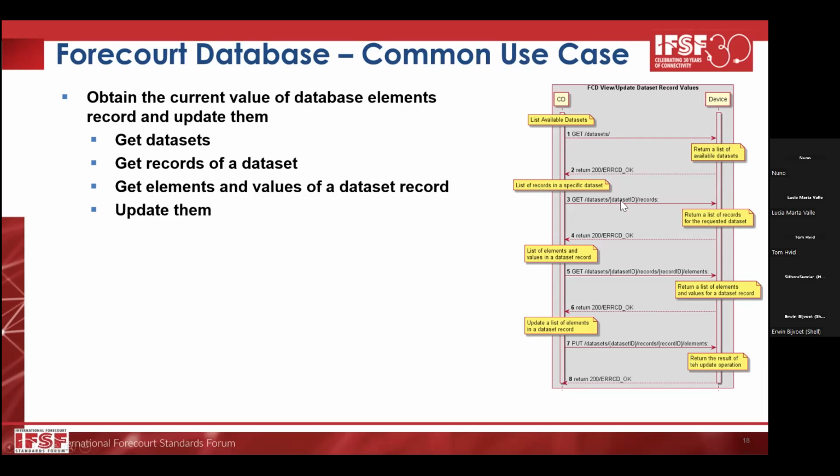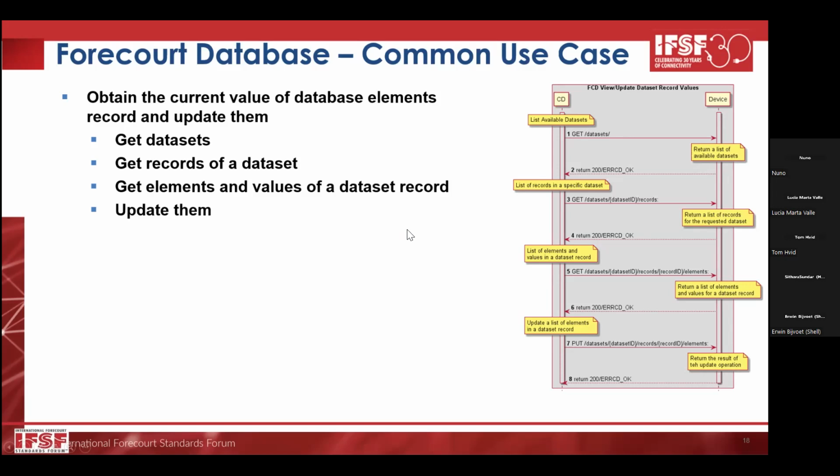Once you have the records, you're able to get all the elements and their values for a specific record of that data set. And finally, by running a put command, you would be able to update them. I'm going to demo all the get information, not the actual put, in this demo.